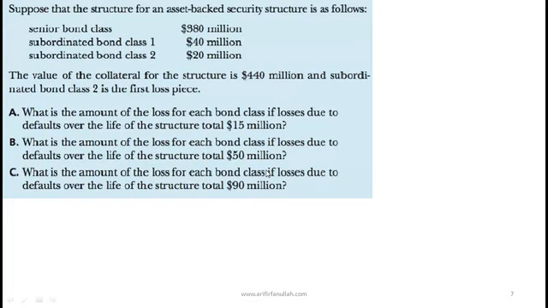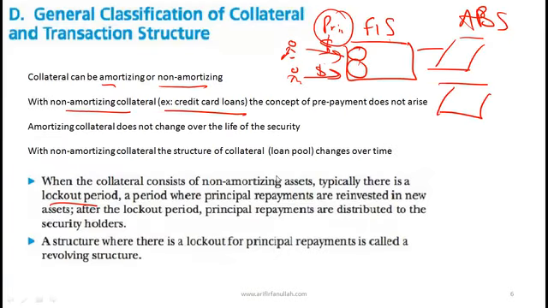The lockout period in the context of asset-backed securities is different: people who have credit cards can never be told not to make their principal payments. Here the lockout means that when people make payments, at the financial institution level that money is simply being used to issue new loans to maybe other credit card consumers.